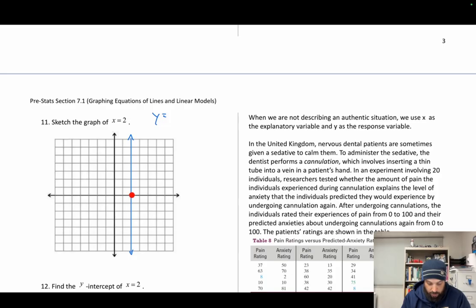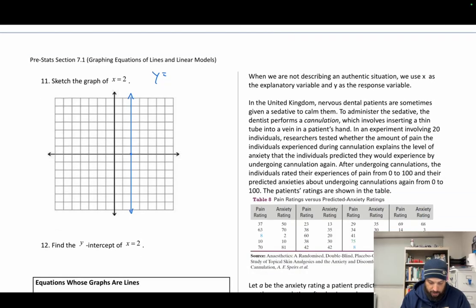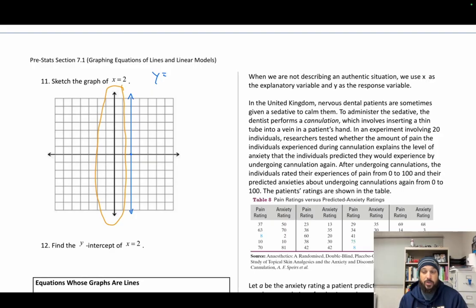Here's where x equals 2 on a horizontal, but it's a vertical line because x always has to equal 2. And then the question here is, well, what is the y-intercept? Well, remember the definition of y-intercept is when we cross our y-axis, which is right here, which we don't, and so there is no y-intercept for this equation.